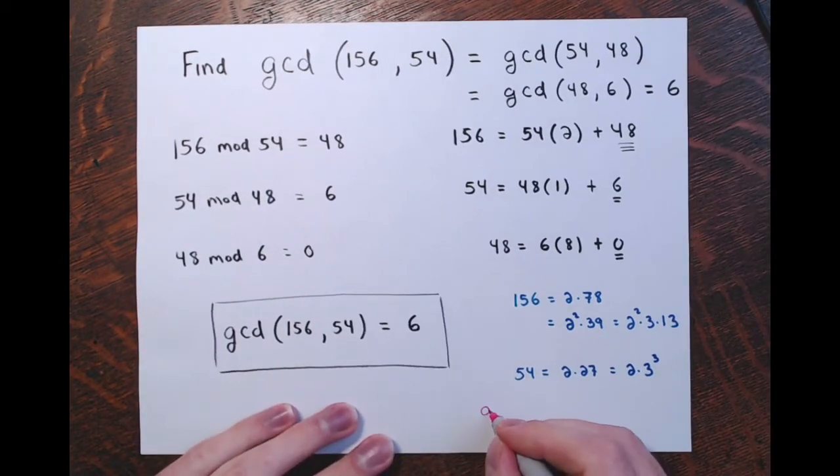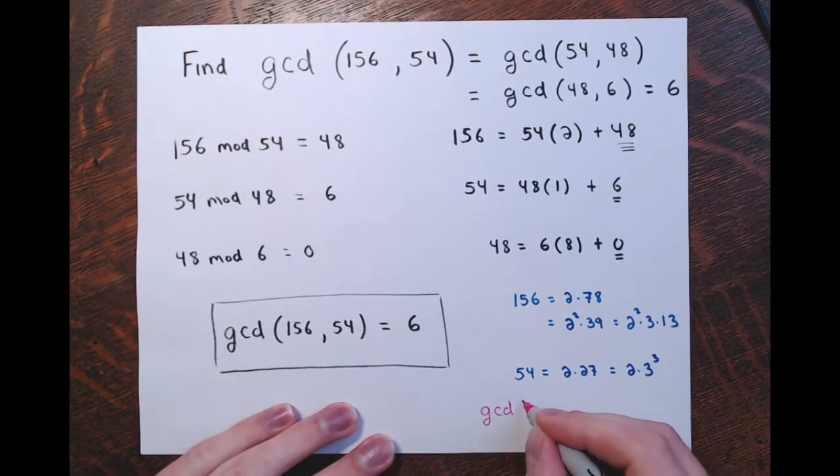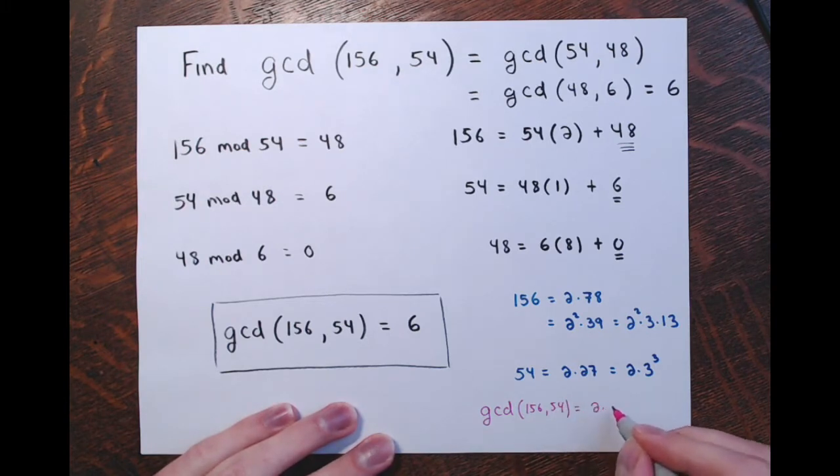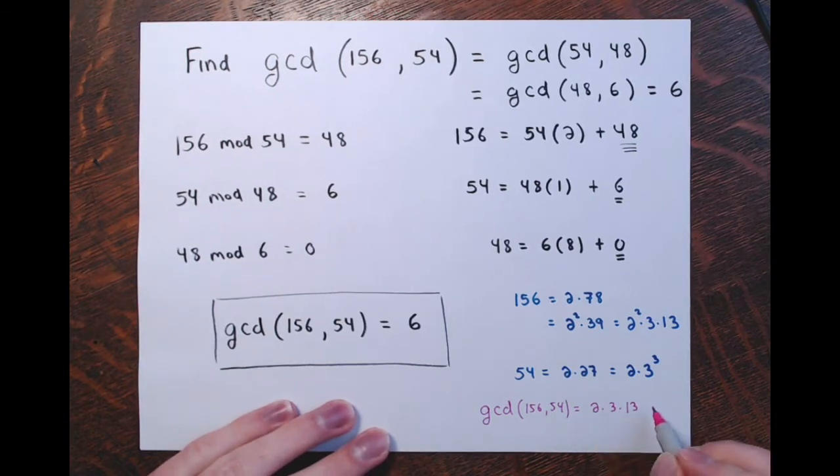So the greatest common divisor of these two numbers, remember we'll have some 2's, we have some 3's, we have some 13's, and then the powers on these were the smallest power you saw.